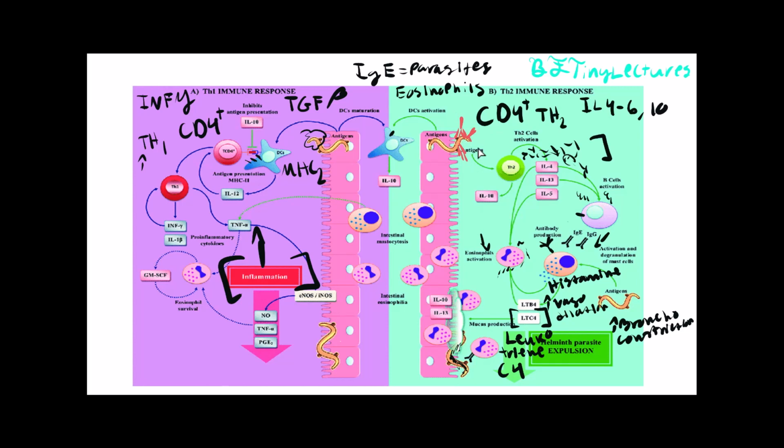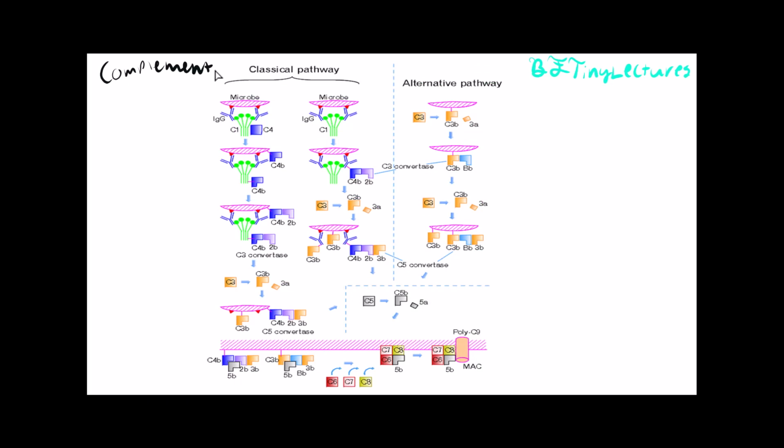And what is that called? That is called complement. And now we got to figure out how that works. This is called fixing complement. And fixing complement just means we're using antibodies or proteins to create holes inside the pathogen.